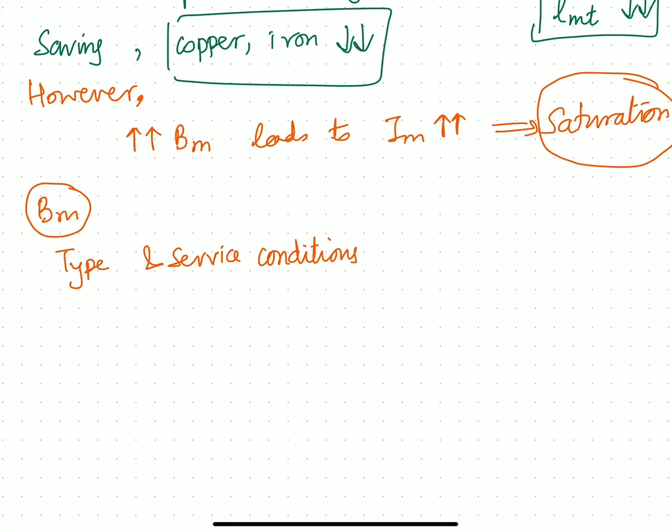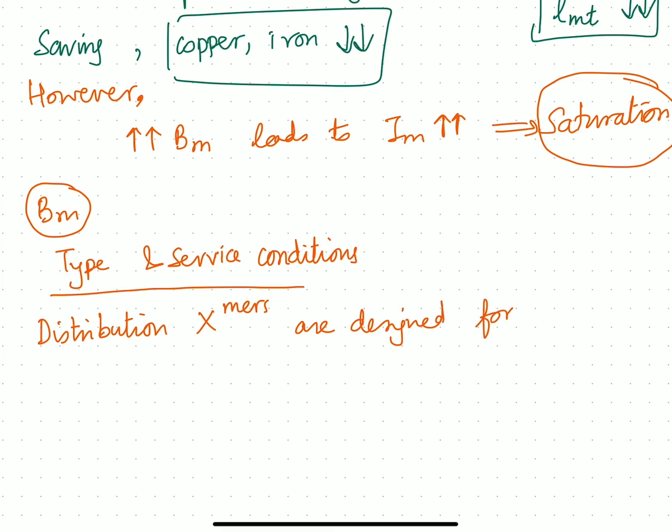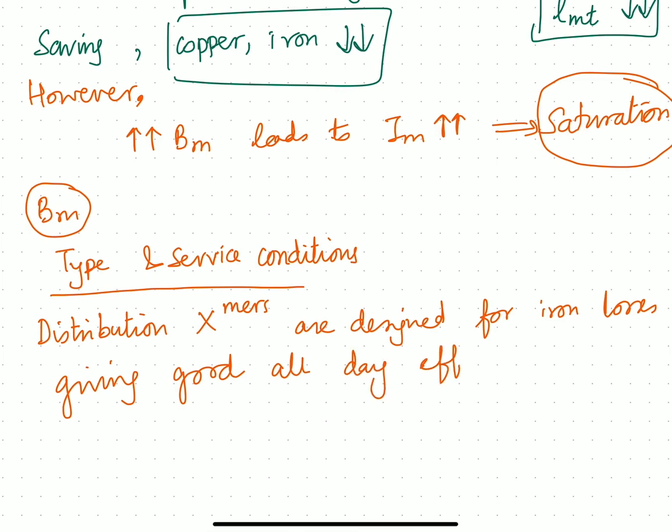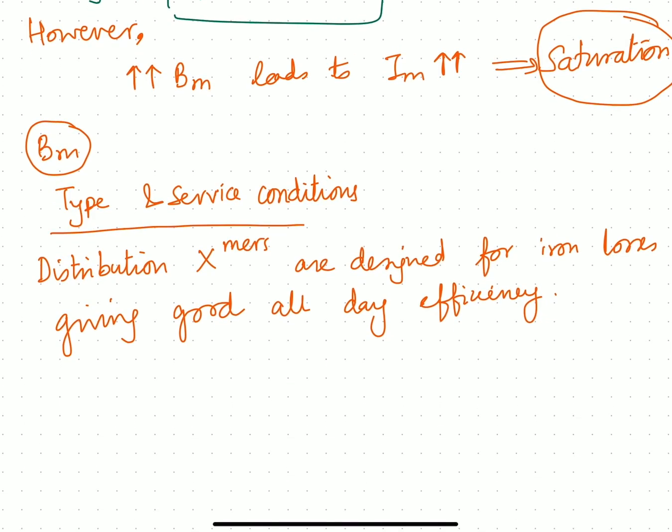Distribution transformers are designed for low iron losses, and they give good all day efficiency, right? Hence, for these distribution transformers, this BM can be lower.